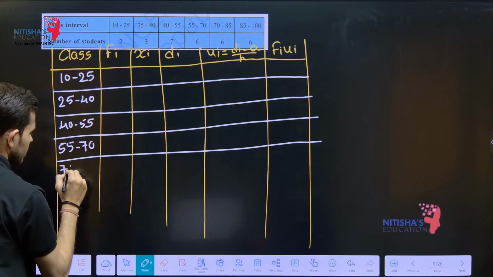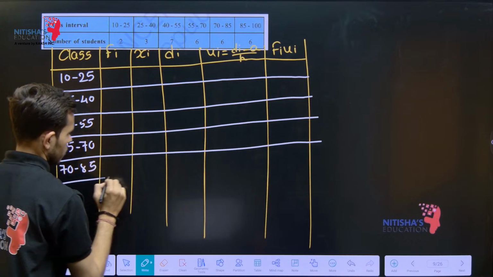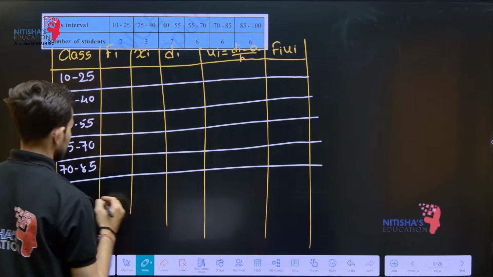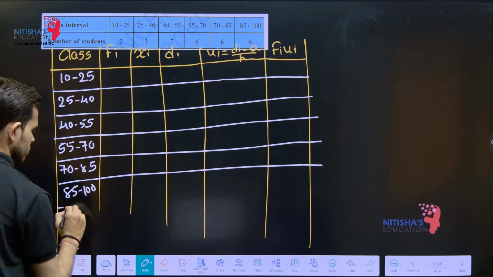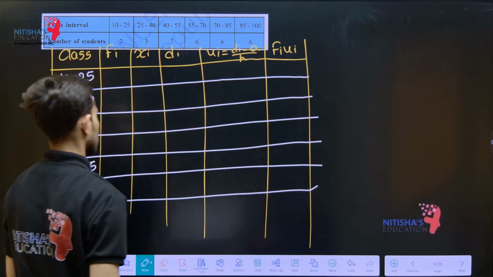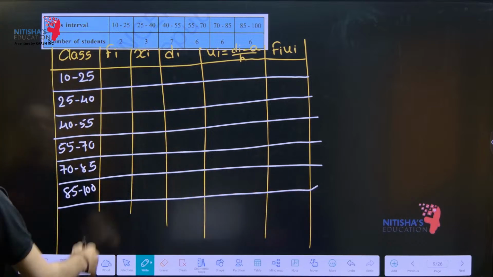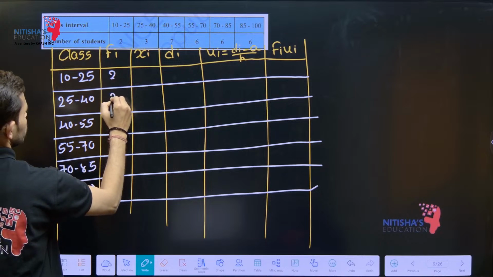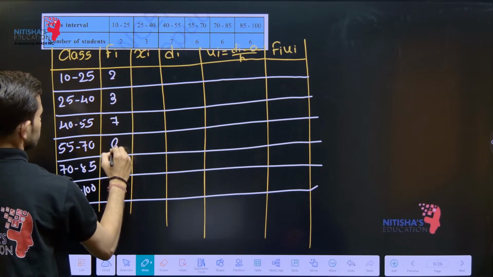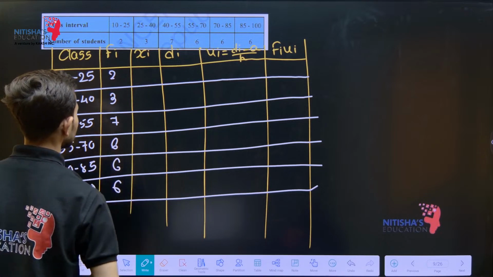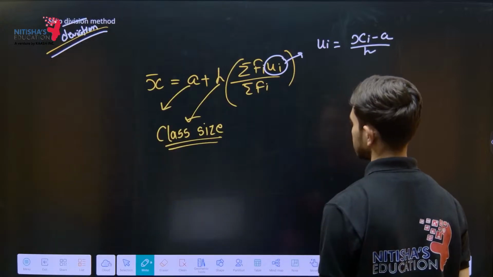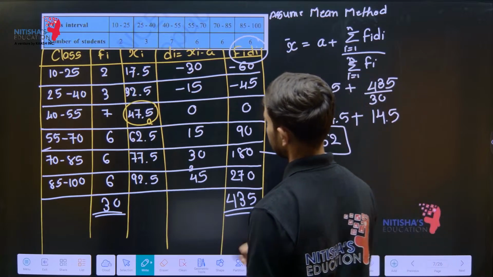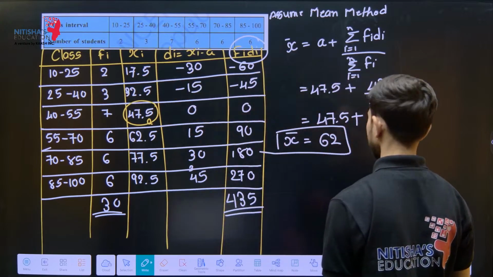Then 70 to 85 and 85 to 100. Now frequency is given by 2, 3, 7, 6, 6 and 6. Xi we have already found in the previous one, because the observations are the same. So it's 17.5, 32.5.